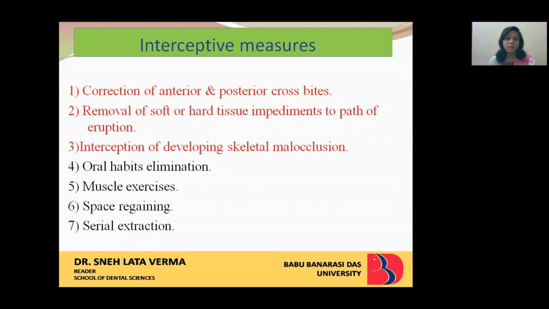So there are various interceptive measures that can be undertaken for the interception of malocclusion. That includes correction of anterior and posterior crossbites, removal of soft or hard tissue impediments to the path of eruption, interception of developing skeletal malocclusions, elimination of certain deleterious oral habits, a few muscle exercises to improve the functioning of the oral musculature, space gaining procedures, and finally serial extraction procedures.